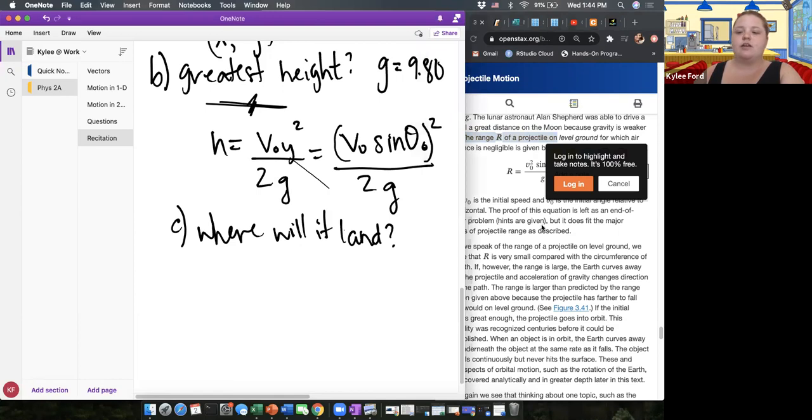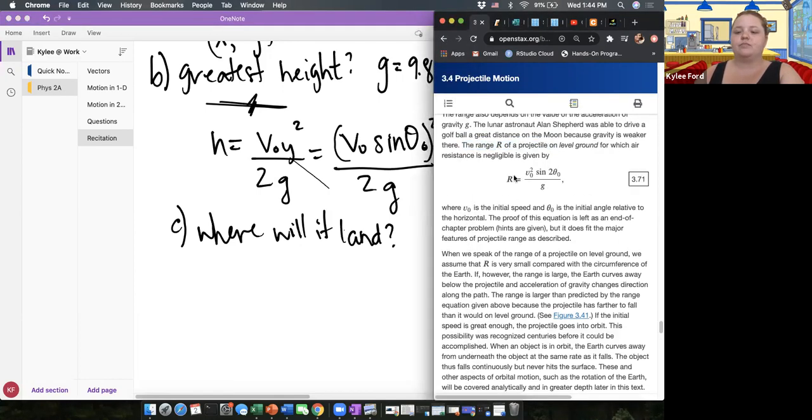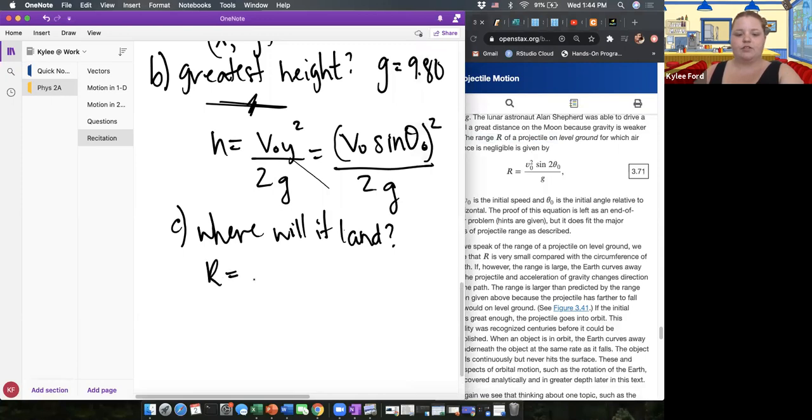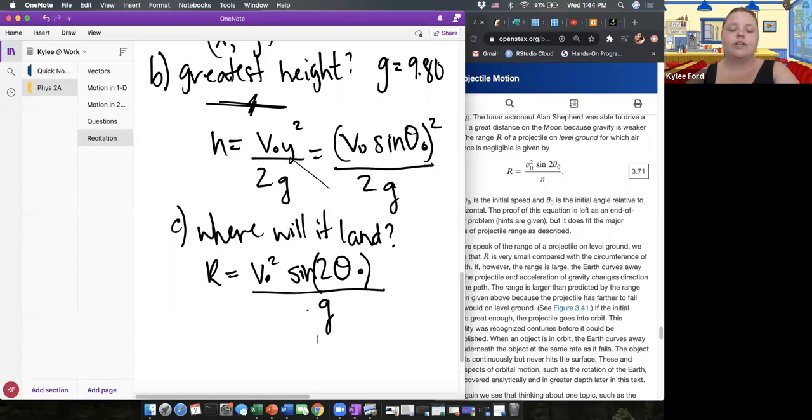So I'm going to use this formula here to solve it. So my r equals my v naught squared times sine of 2 theta naught. And when it says sine 2 theta naught, it's in parentheses here, so be careful with that. Divided by g.